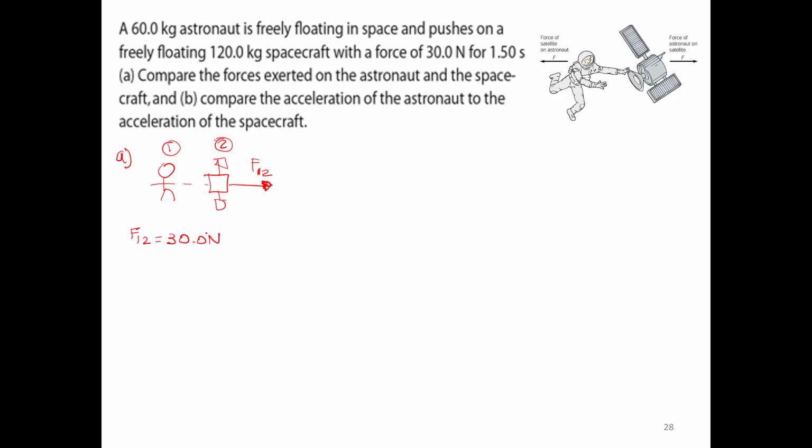But according to the third Newton law, if these two systems are in contact, then we can apply the third Newton law. The satellite will exert some force on the astronaut that will be the same magnitude but in the opposite direction. We can say this is the force F21, the force applied on 1.